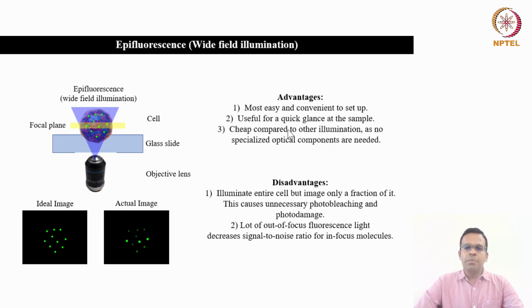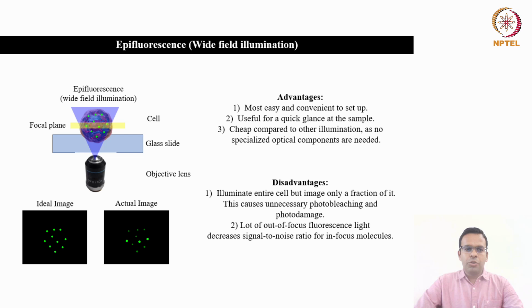And it is also cheap compared to the other illumination strategies that we will study today, and no specialized optical components are needed for this kind of epifluorescence microscope. So it is the simplest form of illumination with some disadvantages, but for a quick glance of the sample or for some basic applications, it is still a good option.